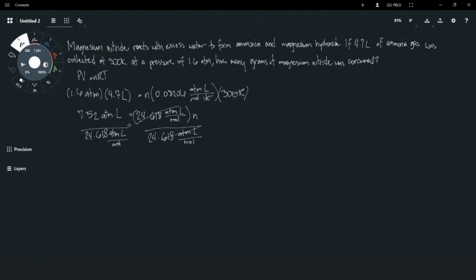And cancel these units, and you have n, which is equal to 0.306 mole of ammonia gas, NH3.